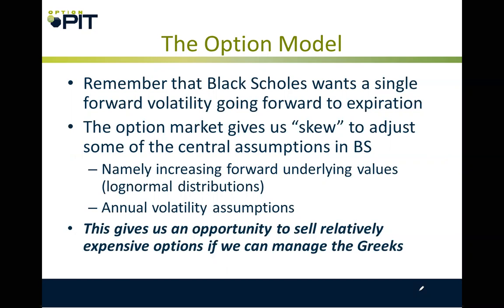So the two assumptions that skew overcomes are the increasing forward underlying value, one, and the annual volatility assumption in the model, right? What the skew does is it adjusts for outlying events and the fact that the market tends to go down a lot faster than it goes up.